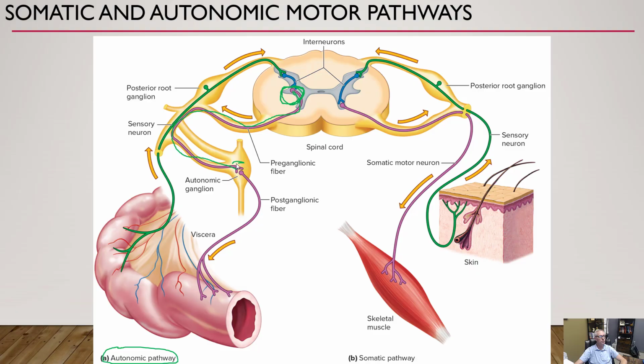And then it's going to link up with that postsynaptic fiber or that postganglionic fiber inside that ganglia, and then eventually it's going to go to its target organ, and in this case it looks like a portion of the intestine, and then our effector is going to be the intestine. With the somatic pathway, remember that's our pathway that has some sort of voluntary control.